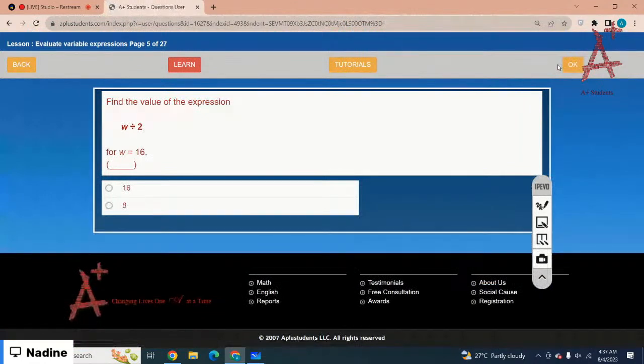Find the value of the expression w divided by 2, and the value of w is 16. So which is the correct option? 16 divided by 2 is, very good, 8. 2 times 8 makes 16.